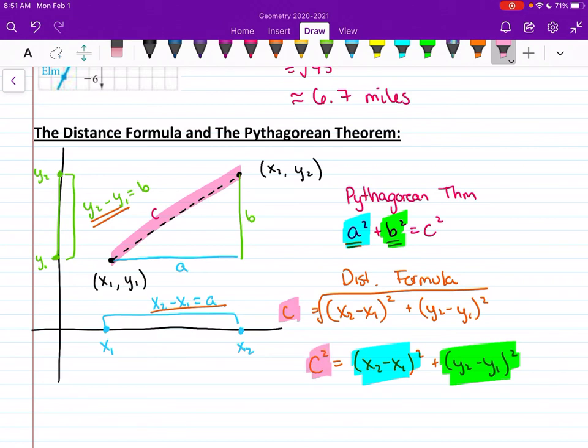So that's why we have a square root in the distance formula, because it isolates just the value of c, the hypotenuse. And in the Pythagorean theorem, we can use it for all 3 parts, a, b, and c. Hopefully that makes a little bit of sense. Put that in your own words, or if you want to draw your own picture and take a screenshot and put that in your notes, that's fine too. However you want to describe this relationship of these two to yourself, that's what's going to go in your notes.